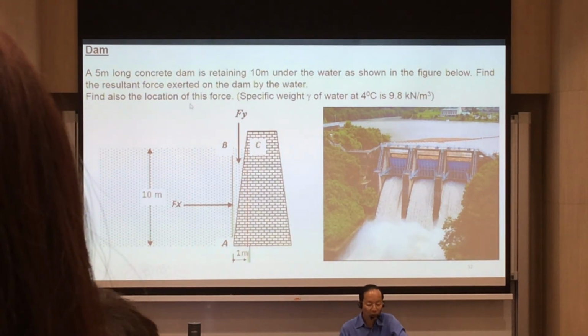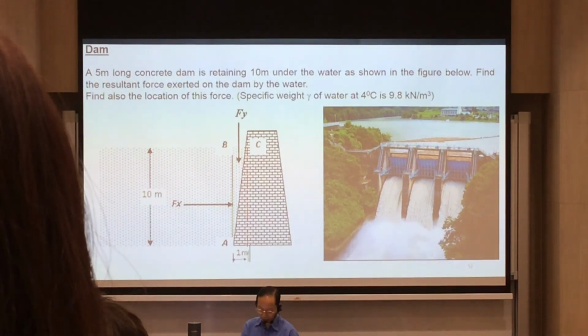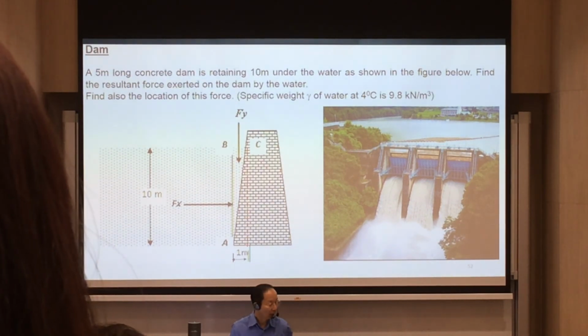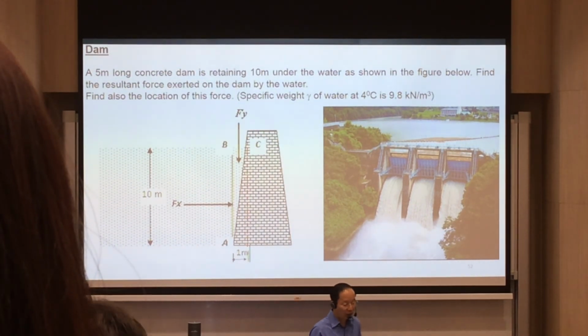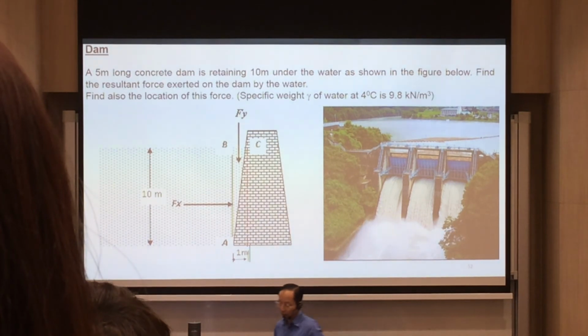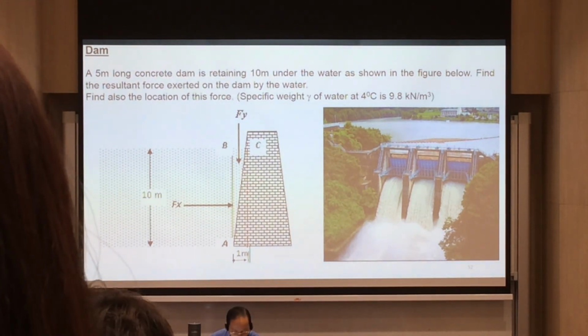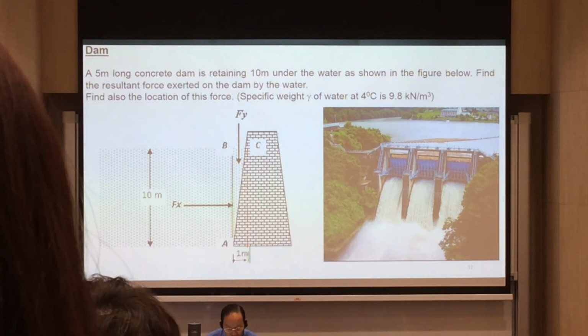Find also the location of this force. So find the resultant force, define FR, and also the location of this force. I just give you some guideline because of time constraint. Similarly, you have to start.